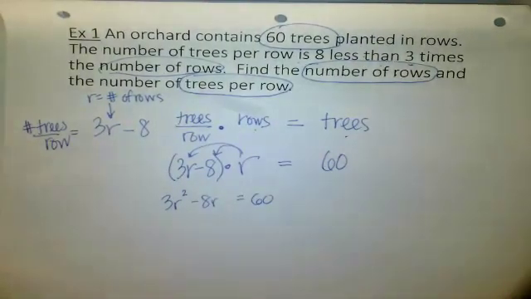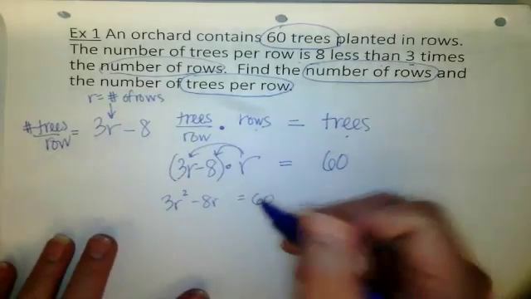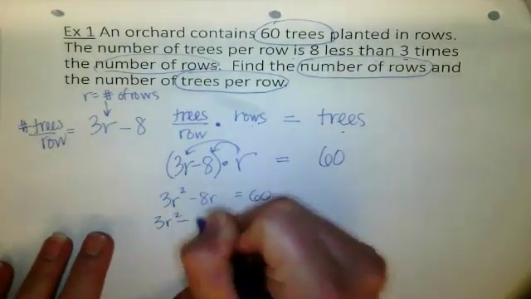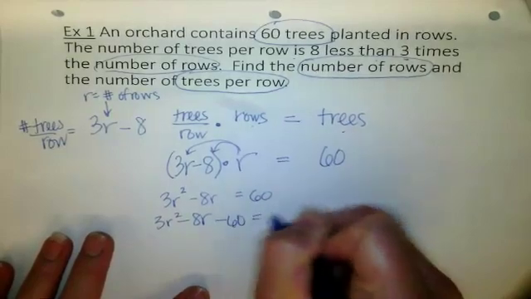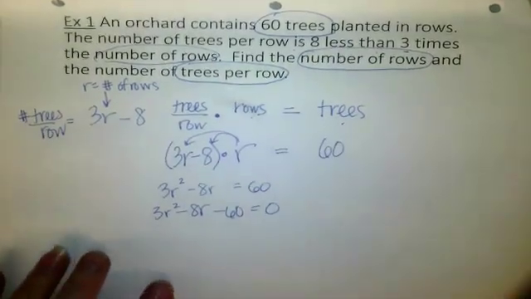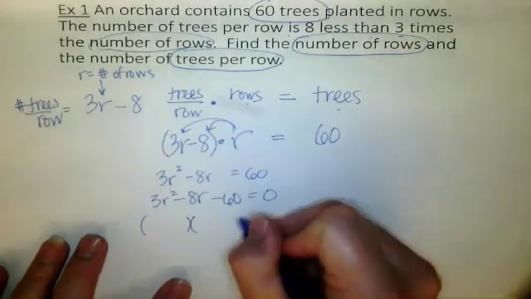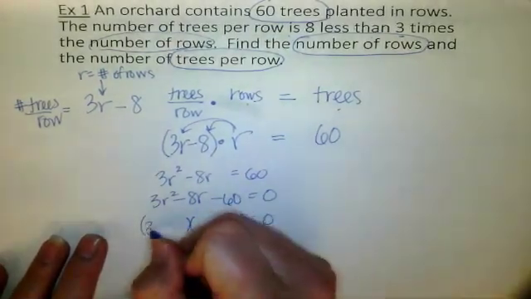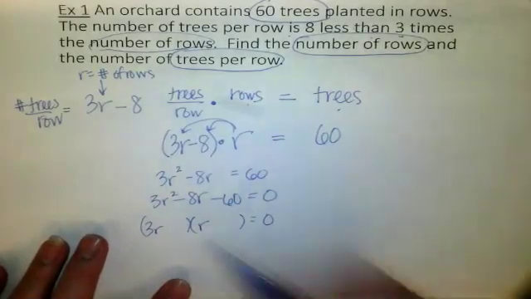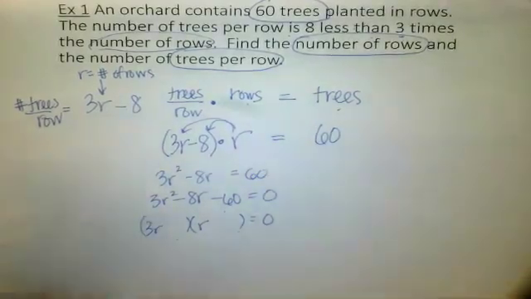How are we going to solve? Move the 60 over. So 3R squared minus 8R minus 60 equals 0. And then we can double bubble. Let's see. 3R times R would give me 3R squared. What times what is going to give me negative 60?